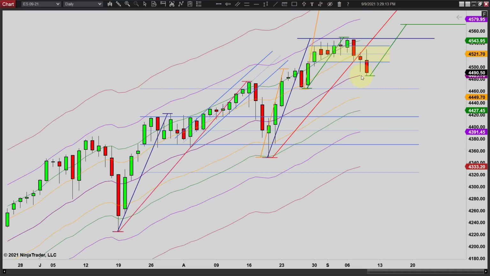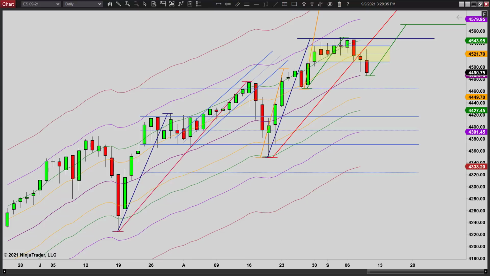Again, we have bounced off this midline a few times, and you can see that was about the low point, and we've bounced some off of those lows before the day was over. So we'll just have to see where prices go from here. It's going to be interesting.